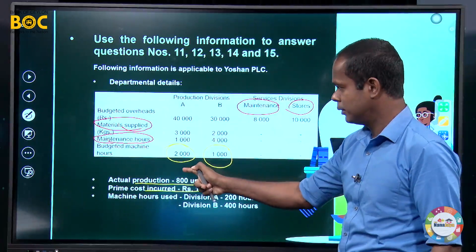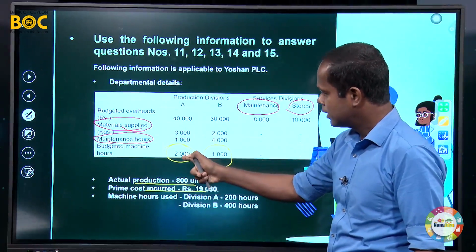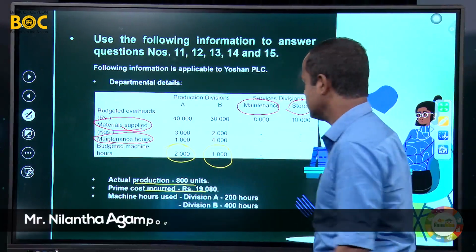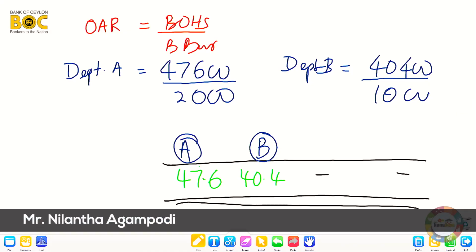It's clearly given. You can divide and get the answers.